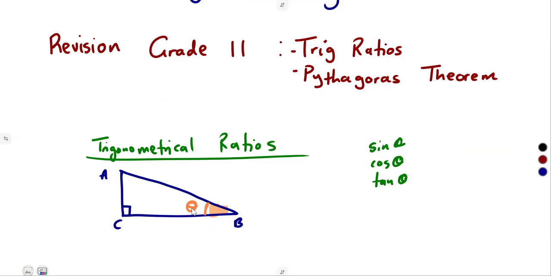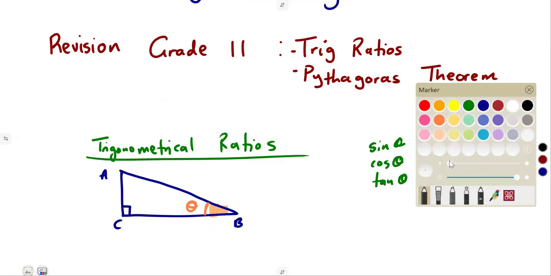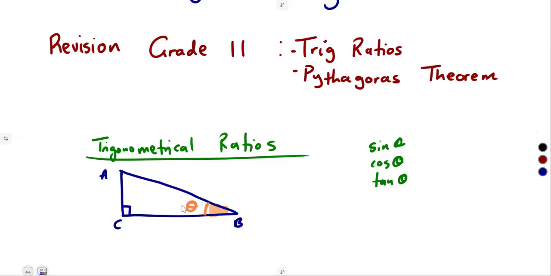Meaning to say, if your angle was here, it was going to be something else. The way that we view this side is according to the angle that you're given. So according to our angle theta, the side which faces that theta, remember, is your opposite.